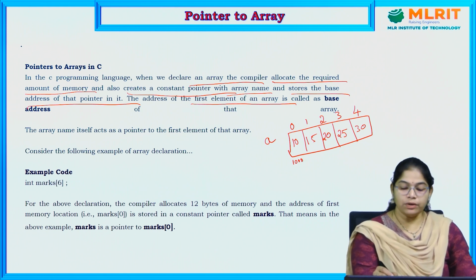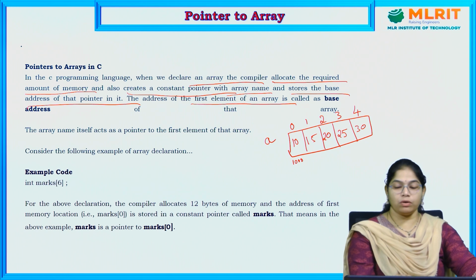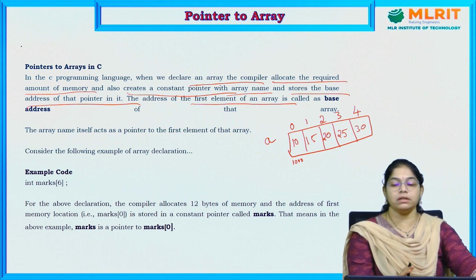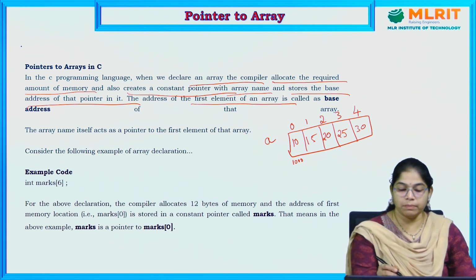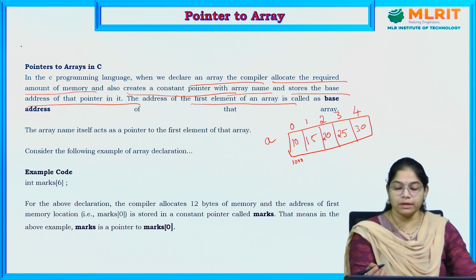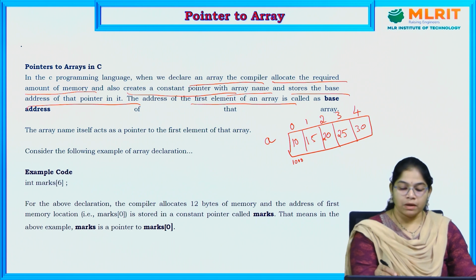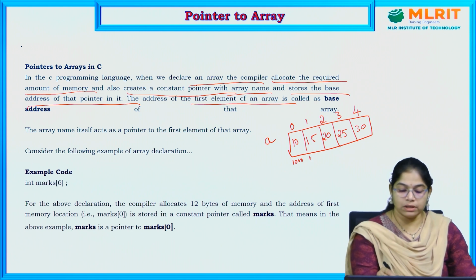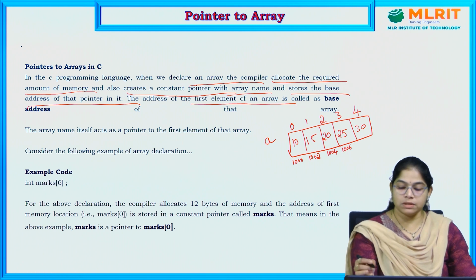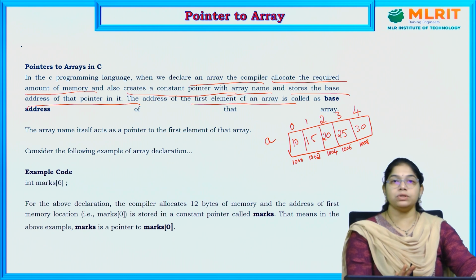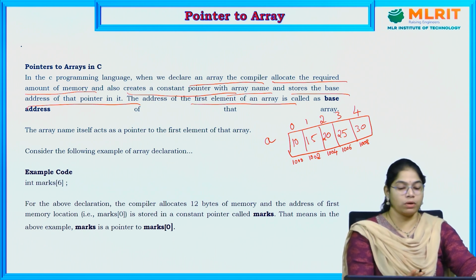Let us consider that the integer occupies 2 bytes. The integer data type occupies either 2 bytes or 4 bytes, depending on the operating system, that means depending on the bits. A 16-bit operating system occupies 2 bytes of memory. So the next location addresses are 1002, 1004, 1006 and 1008. In this way we can store data items in an array, as we all know.